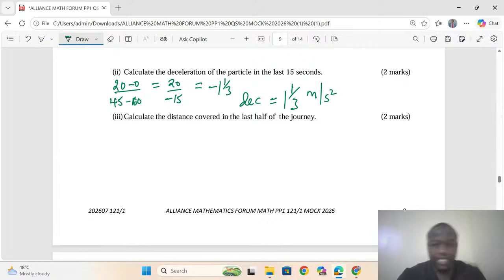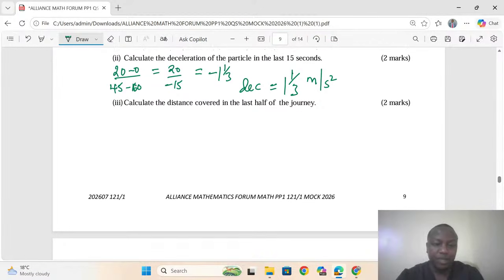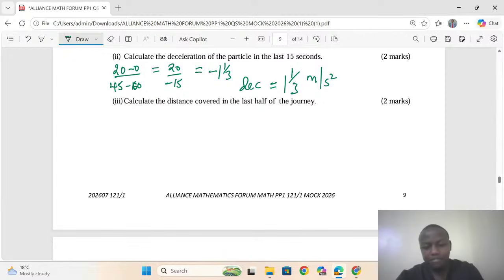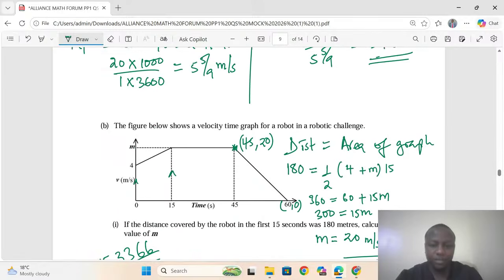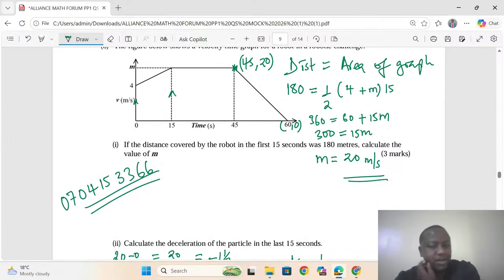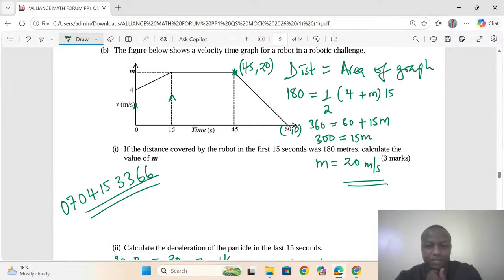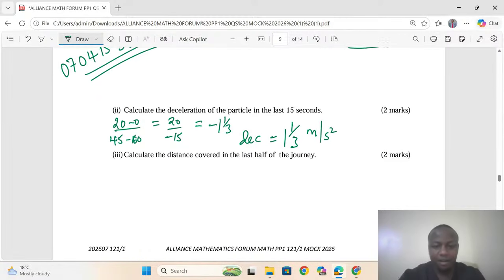Roman 3 now. Calculate the distance covered in the last half of the journey. We're talking about half of the journey.